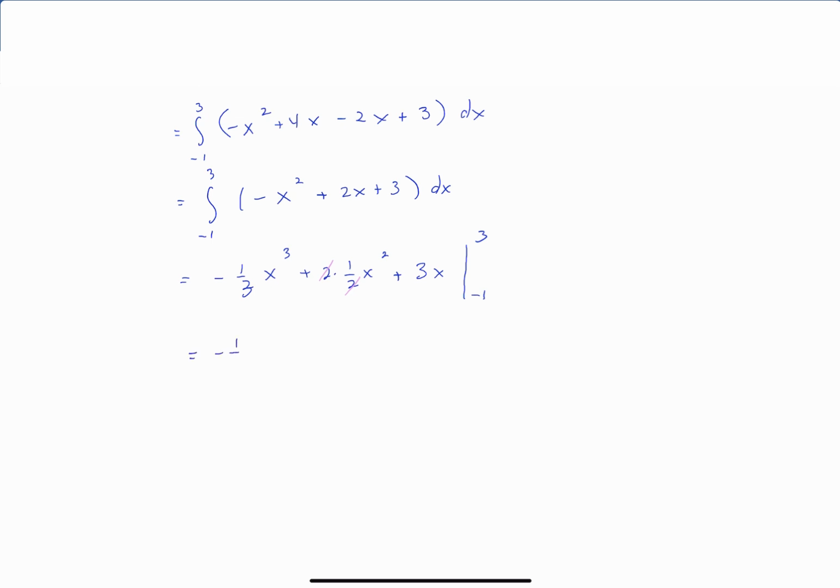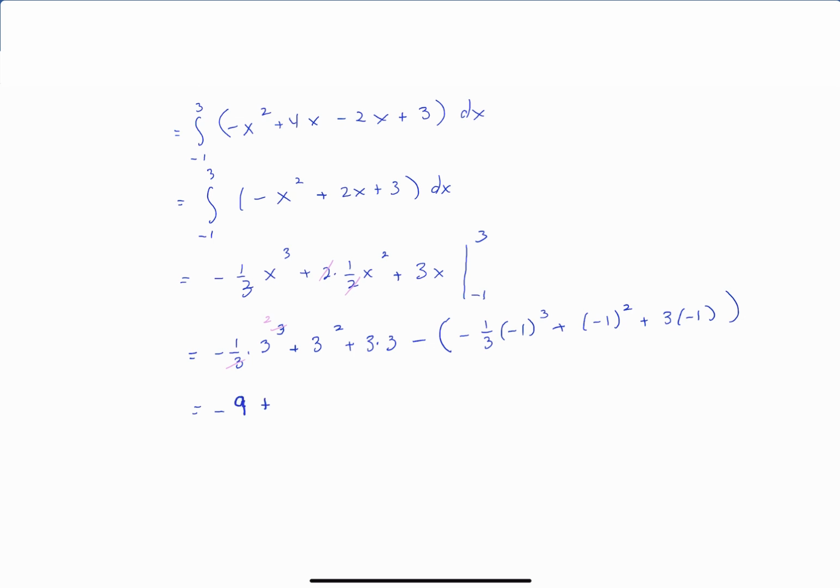So now let's plug in our limits of integration. We have minus 1/3 times 3 cubed plus 3 squared plus 3 times 3, minus what we get putting in the negative 1. So putting in the negative 1, we have minus 1/3 times negative 1 cubed plus negative 1 squared plus 3 times negative 1. Then back to the front end of the list. At the first term, we can cancel 3's. That'll leave us just negative 9.